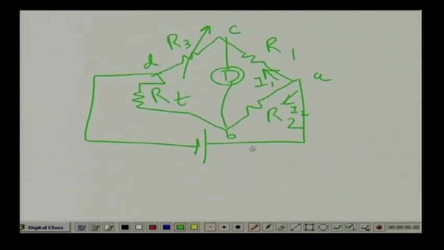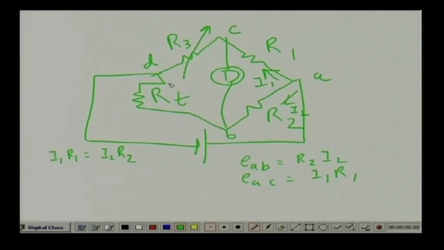So, you see that EAB will be equal to the potential drop across R2, that is I2 into R2, and EAC will be I1 into R1. At balance, when there is no output at the detector, I1 into R1 equals I2 into R2, right.